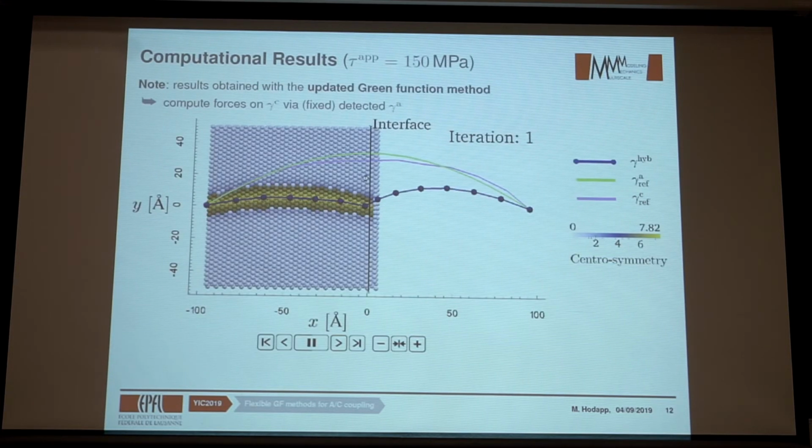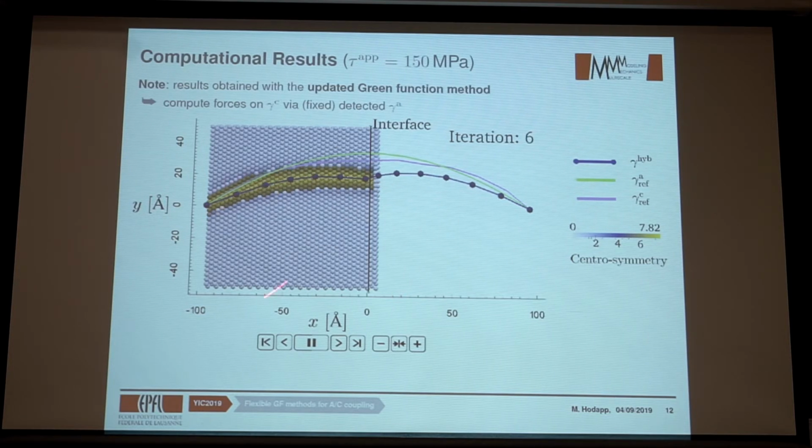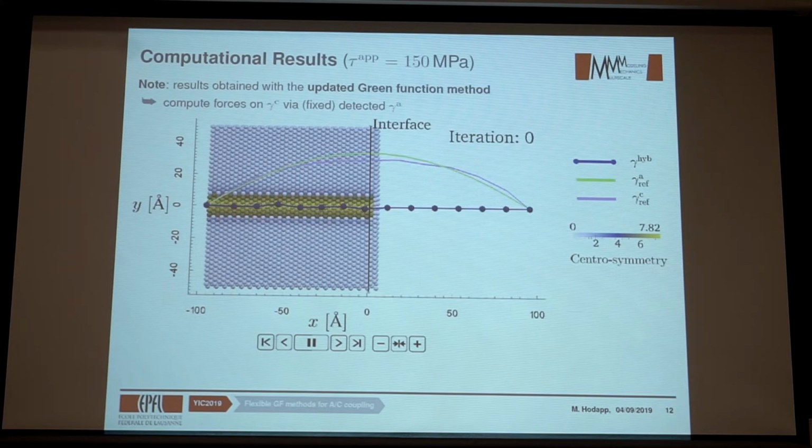Now what we see here is we have split the problem into two parts. The left one is the atomistic part, and the right one is the discrete dislocation part. What we see here is essentially the algorithm that I was showing a few slides before. So you iterate between the two problems until you eventually converge.